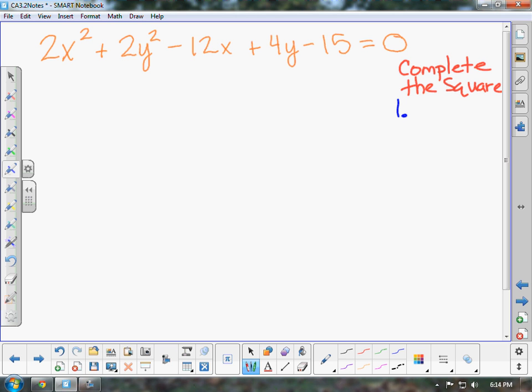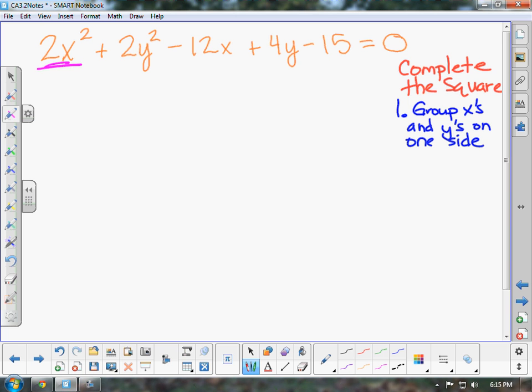To do that, you want to group the x's and the y's together on one side, and put everything else on the other side.